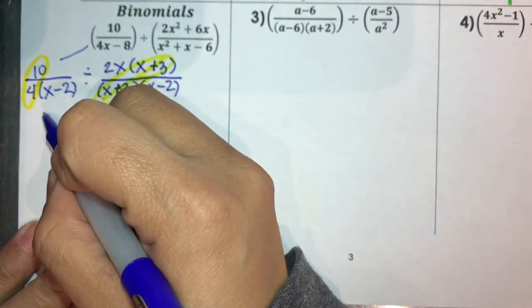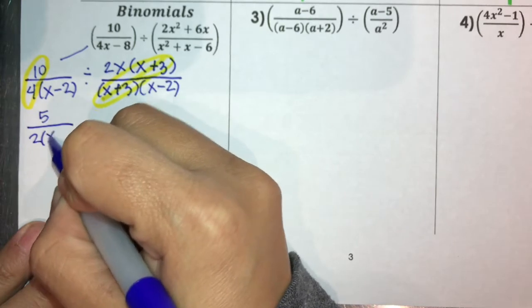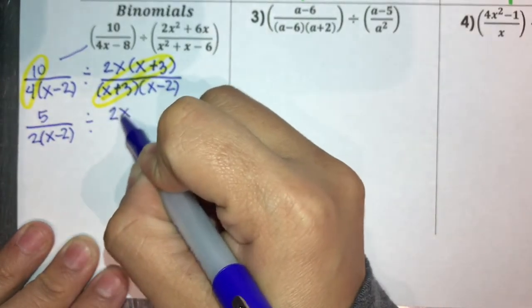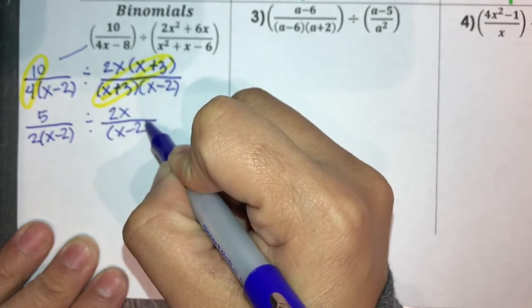Then I'm left with 5 halves times x minus 2 divided by 2x divided by x minus 2.